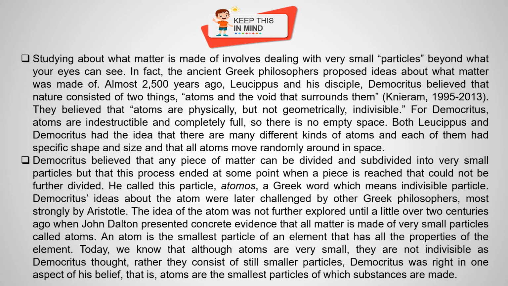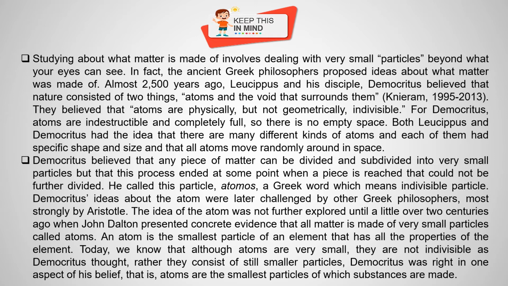The idea of the atom was not further explored until a little over 2 centuries ago when John Dalton presented concrete evidence that all matter is made of very small particles called atoms. An atom is the smallest particle of an element that has all the properties of the element.